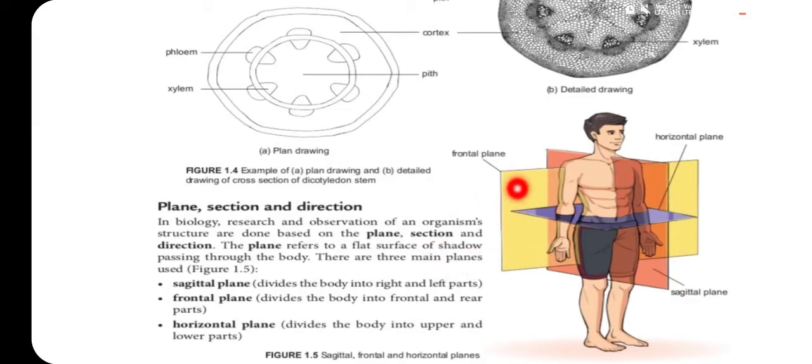Frontal plane yang yellow ini divide the body into frontal and rear parts, maksudnya depan dan belakang. Seterusnya horizontal plane yang purple ini divides the body into upper and lower parts. So pastikan kamu tahu 3 main planes di sini.